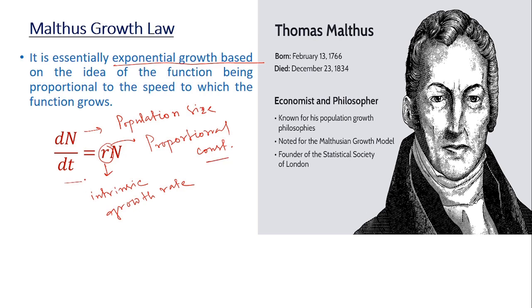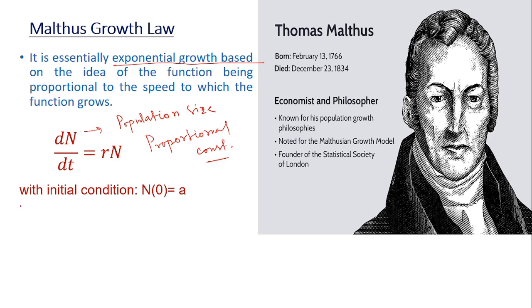If we want to find the population size at a time t, after some time from the initial size, then we have to calculate using integration, and for this we need the initial population size. Let us consider N(0) equals a as the initial condition. Now we can integrate.